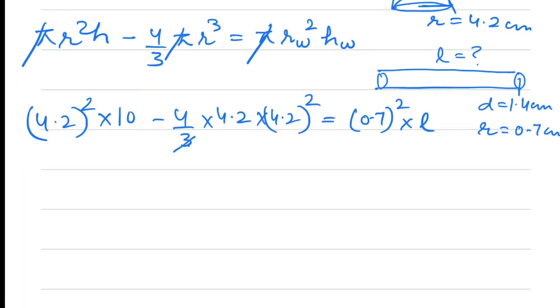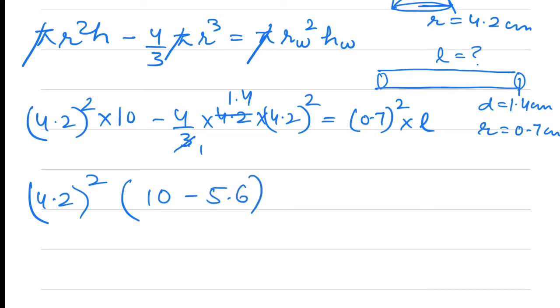So here we have 3 and 1.4. Now I can take 4.2 whole square common, and this would be 10 minus 5.6 is equal to 0.7 into 0.7 into L.